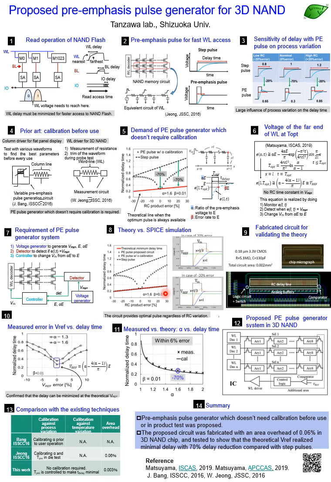This is a simulation result. These dots show the simulated result. All of them are on the theoretical minimum line. Therefore, regardless of RC variation, you can get 70% reduction in delay time.